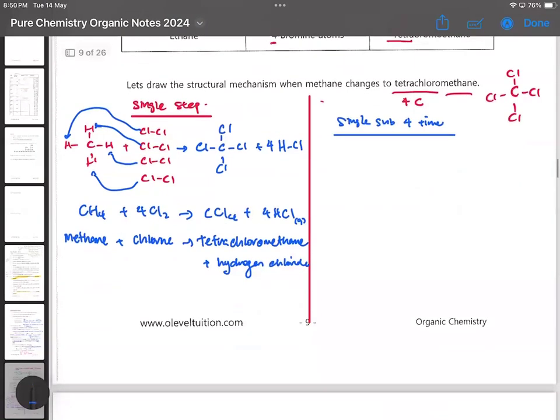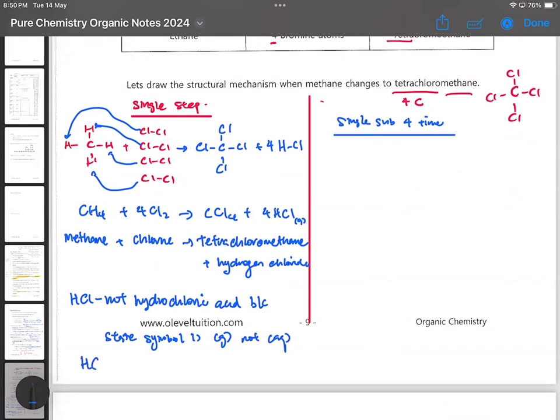Put a note here then. The HCl is not hydrochloric acid because the state symbol is gas and not aqueous. HCl aqueous, this is hydrochloric acid.